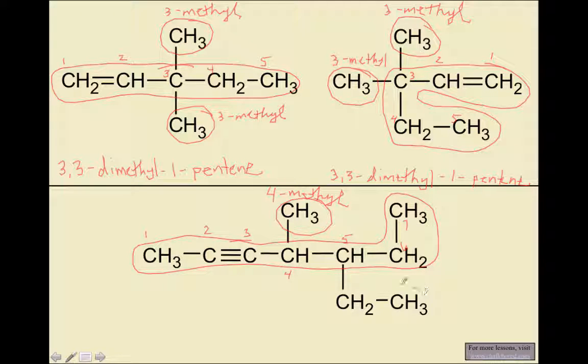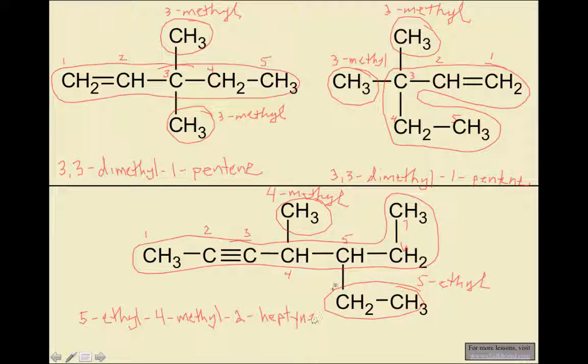On my fifth carbon, I have an ethyl group. Makes this 5-ethyl. So naming this, ethyl comes first, 5-ethyl, 4-methyl, 2, second carbon. The prefix for 7 is hept, so 2-heptyne.